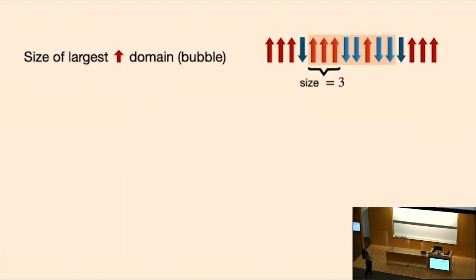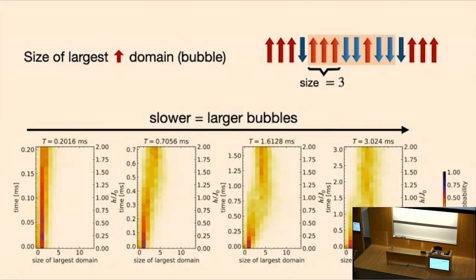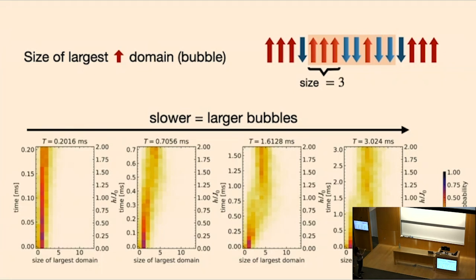And the other thing we observed was that you can also try and understand the properties of these bubbles by looking at the size of the largest domain of upspins. So what I'm plotting here is the distribution of the size of the largest domain. This is the probability, essentially, of having a largest domain of size 0, 1, 2, 3 as a function of time. And again, here you see that this is for longer and longer times.